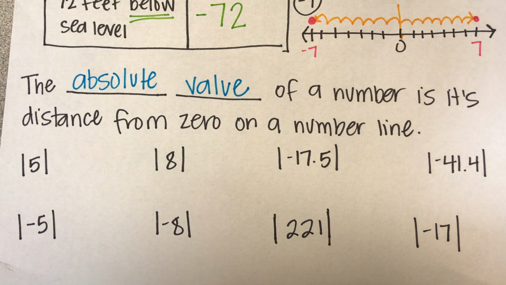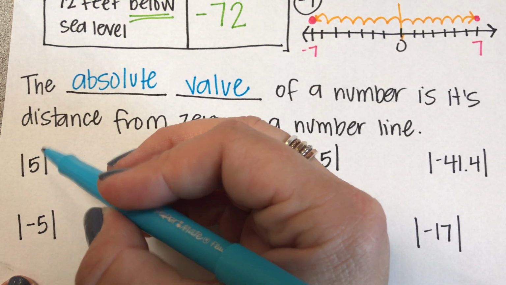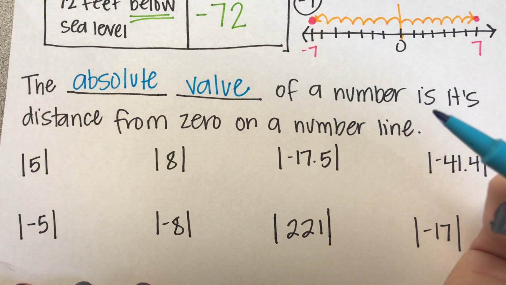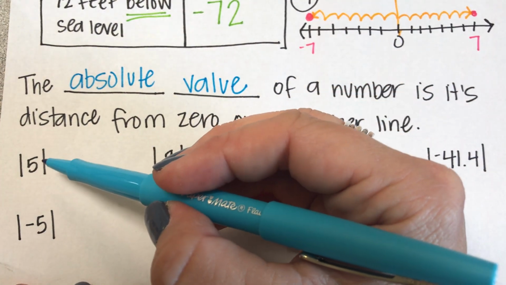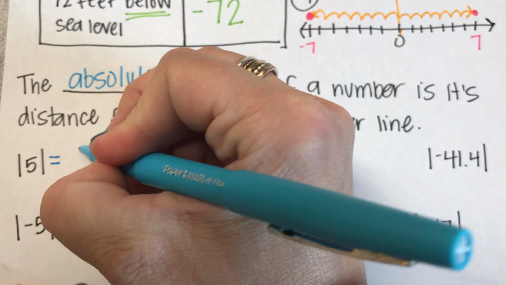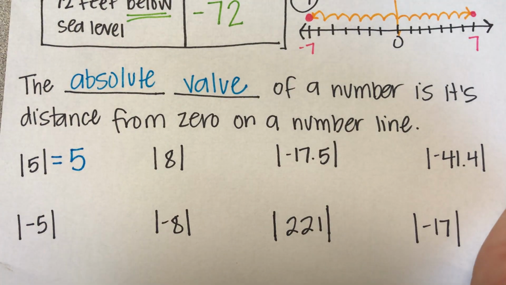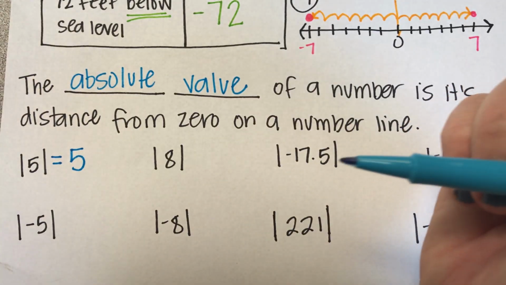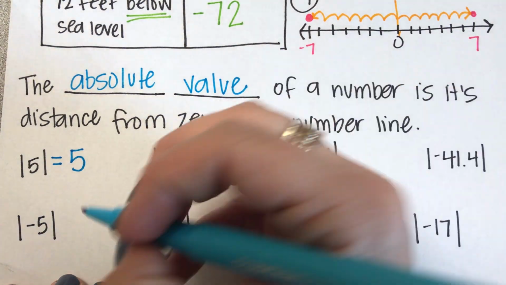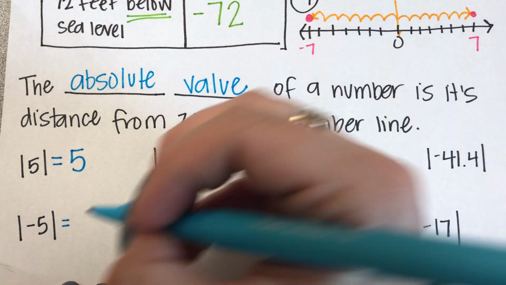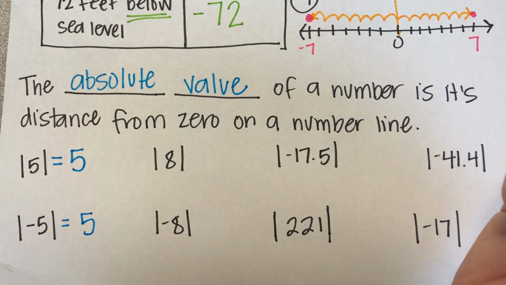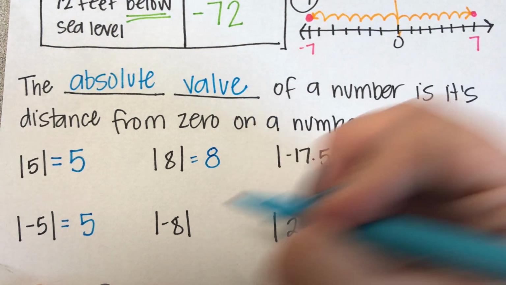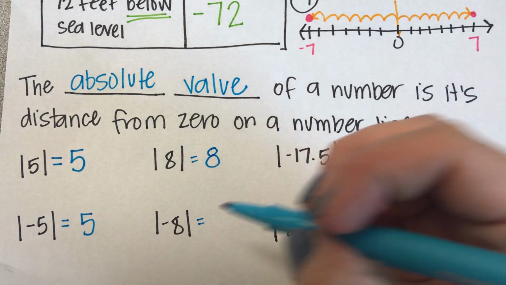negative distance. So for example, okay, these 2 lines that almost look like a jail, okay, represent absolute value. So this is saying what's the absolute value of 5? And it's 5. The number 5 is 5 units away from 0 on a number line. So how far away from 0 is -5? 5 units. What about 8? What about -8?